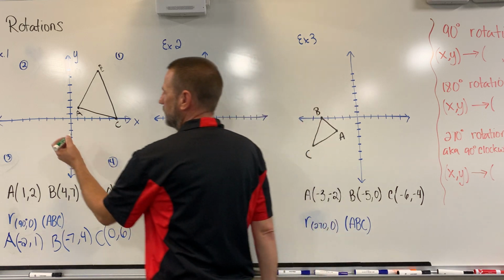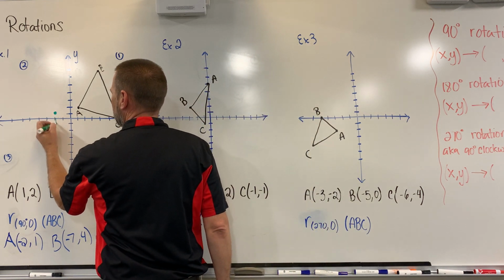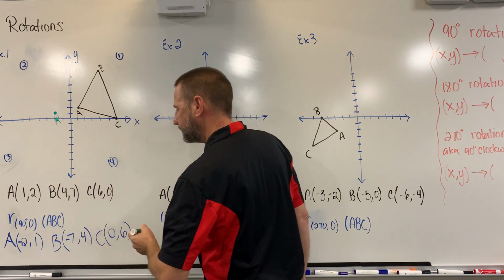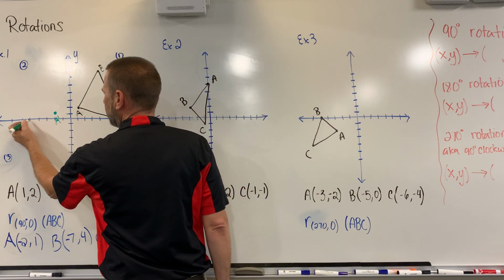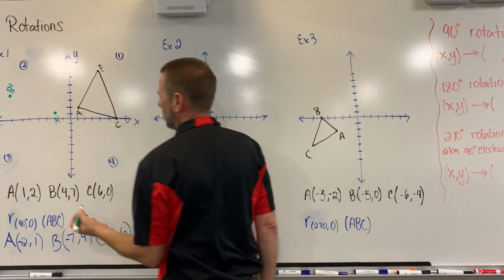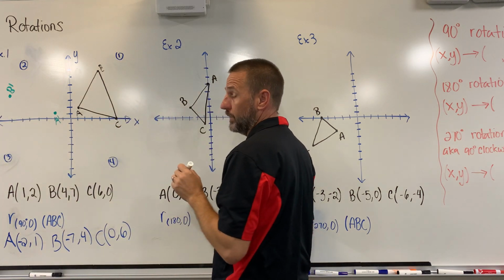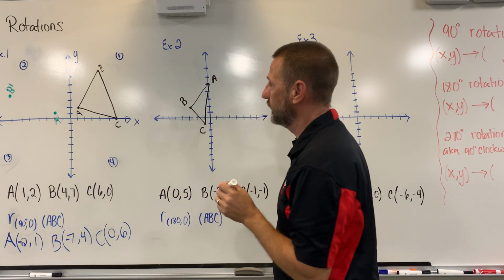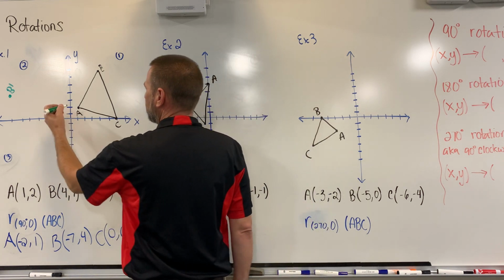So negative 2, 1 is A, negative 7, 4 is B, making sure to put those apostrophes so we note that it's our image, not our pre-image. And the last one, 0, 6.